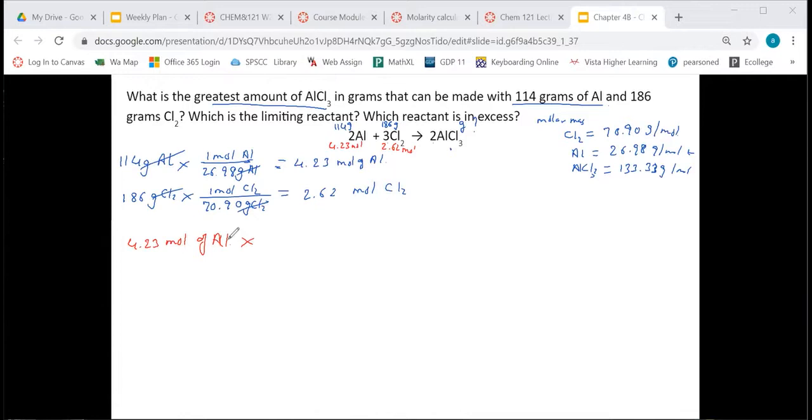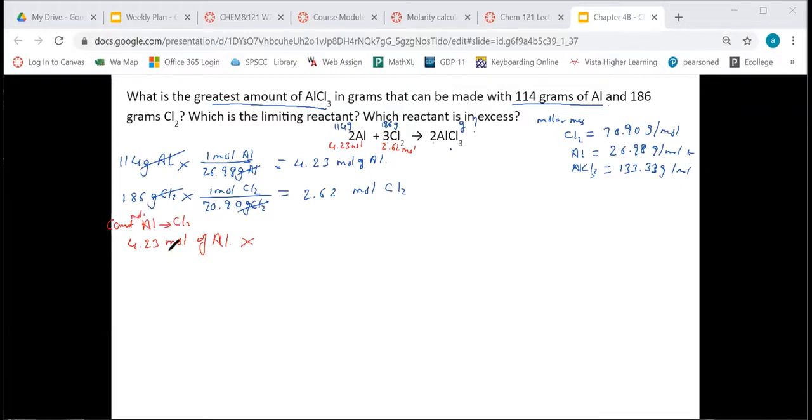And how do we figure that out? We need a molar ratio. We'll use the molar ratio to convert this mole of aluminum to mole of chlorine. Make sense? Because we need to compare. So how do I convert aluminum to mole of chlorine, okay?